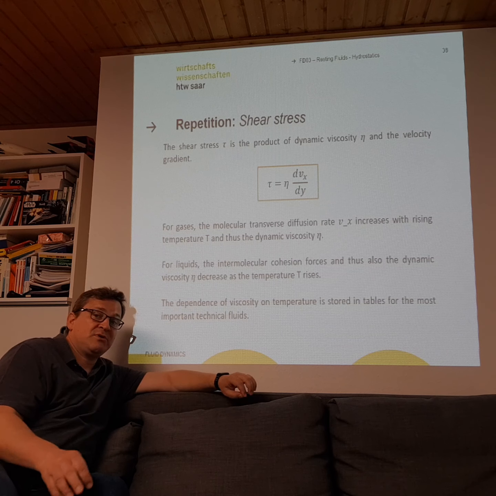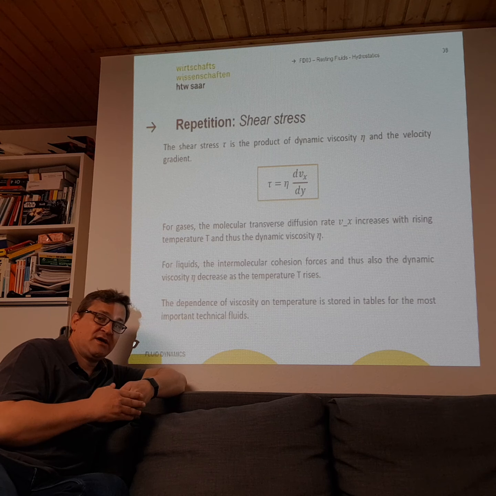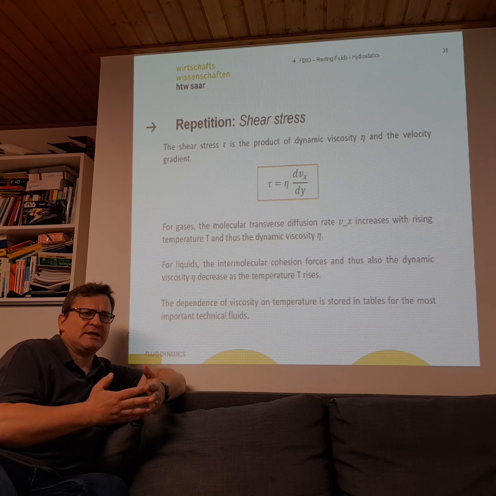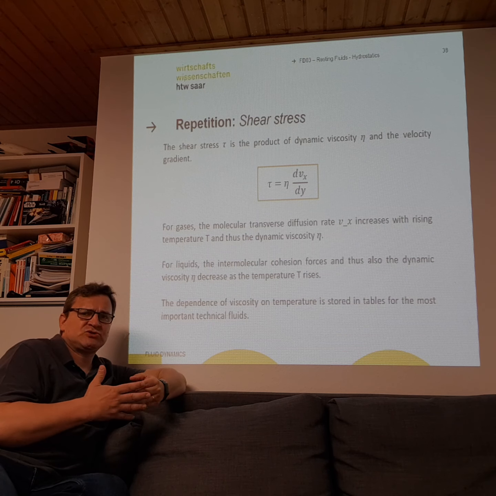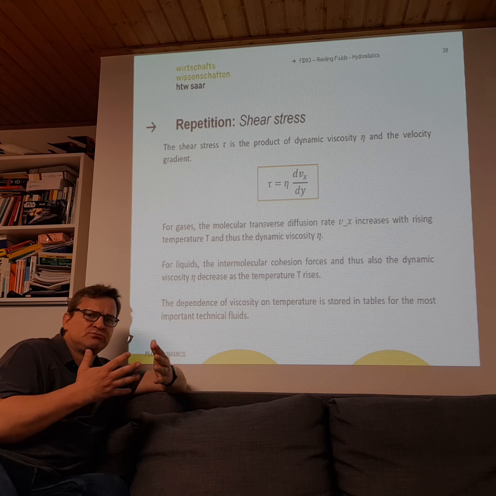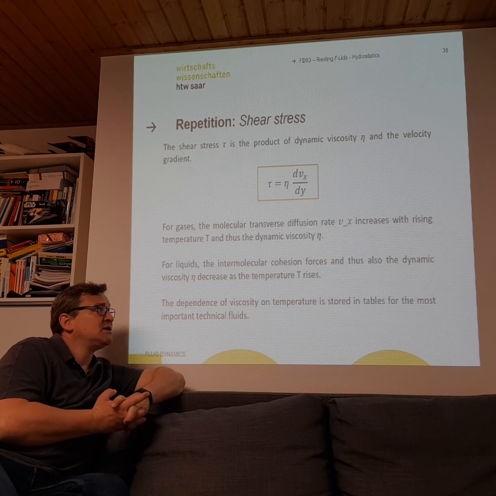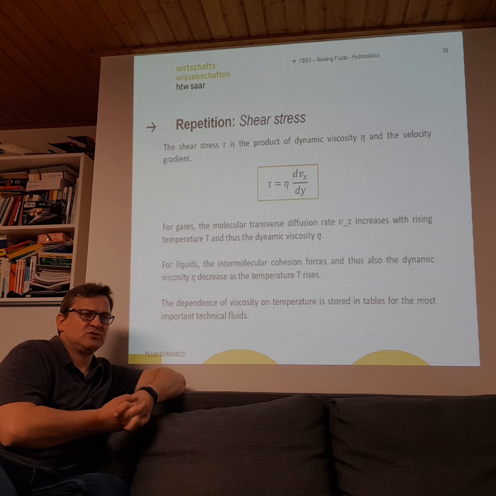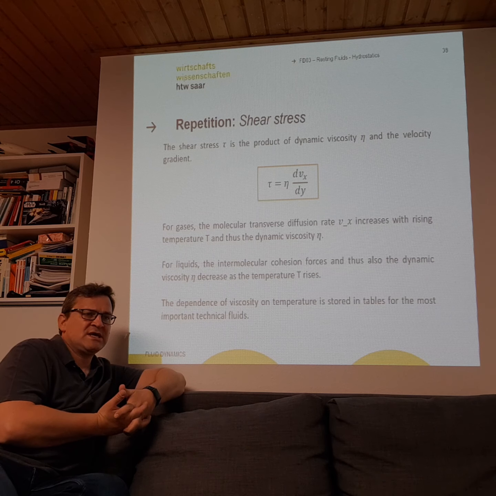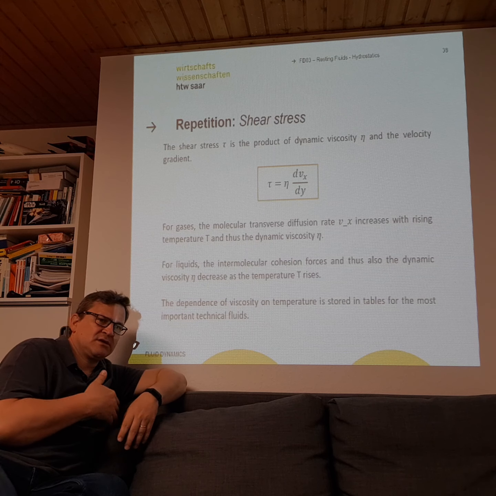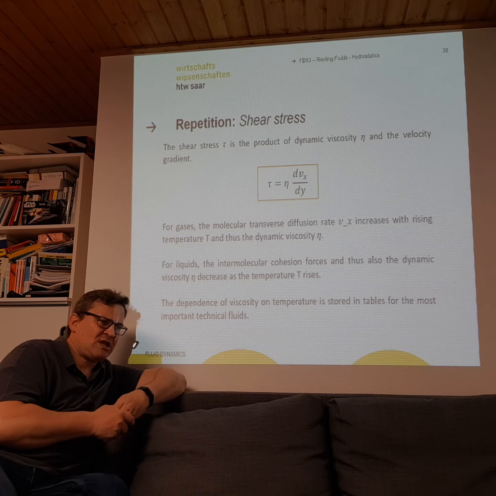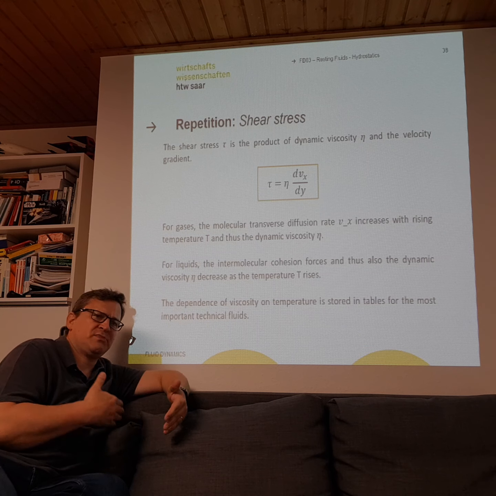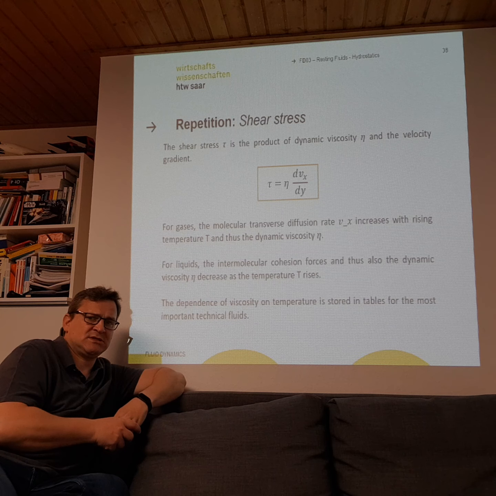There can also be an additional effect, the effect of turbulence or swirl. The description of this turbulence is much more difficult because if you have a lot of turbulence, you have high gradients inside the fluid, you will get high shear stresses, and so there will be an effect that you get somehow a higher viscosity caused by swirls and turbulences.